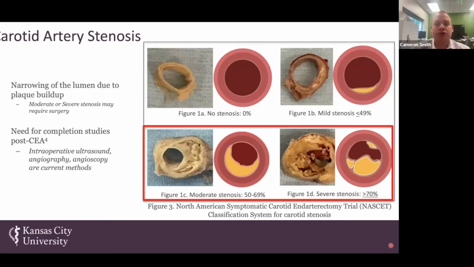With these surgeries, called carotid endarterectomies, to fix the carotid pathology, there's been a call for completion studies post-surgery. That's to decrease the risk of complications after these surgeries, such as stroke, heart attacks, etc. The current modalities for this are ultrasound, angiography, and angioscopy.